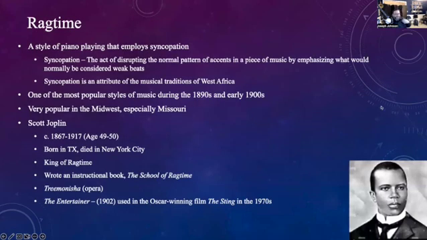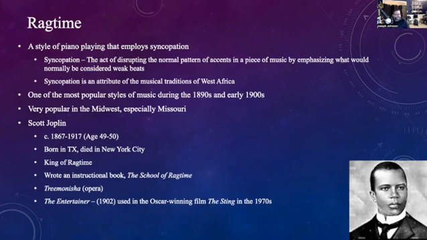All right, so in the textbook, it talks about ragtime first. We're going to go through a lot of the jazz things, because ragtime and jazz inspired a lot of the popular genres that came after it, especially the blues, R&B, early rock, early country.